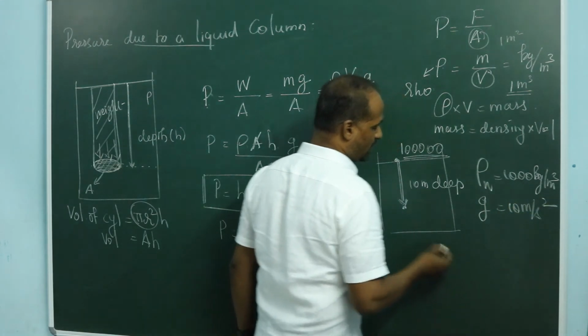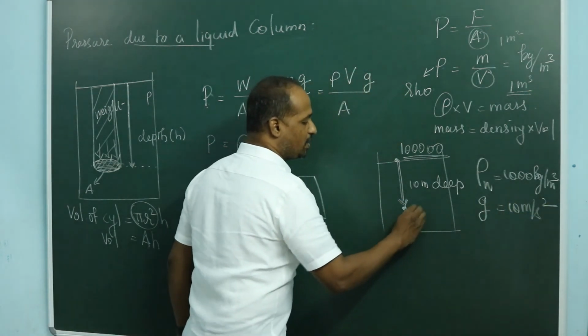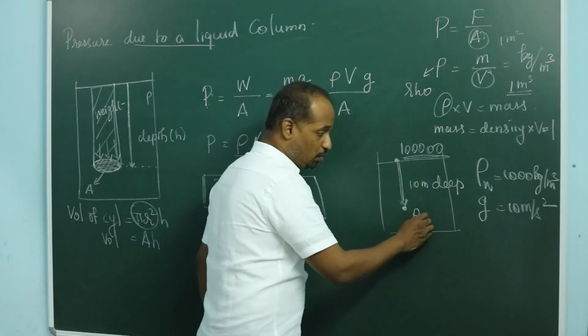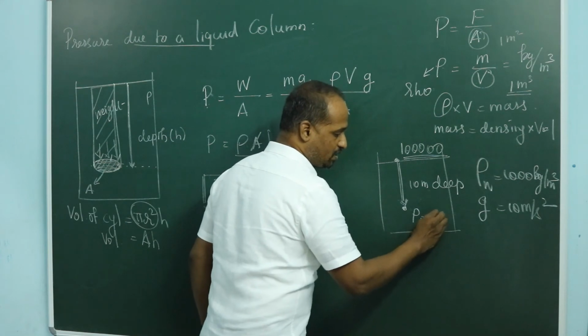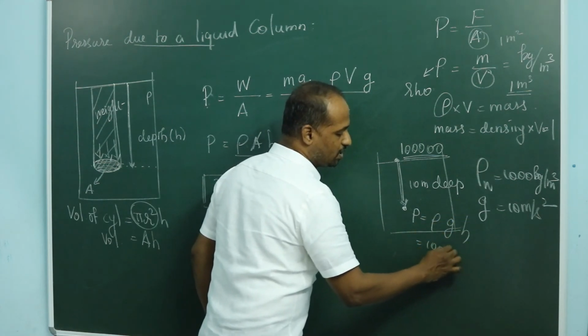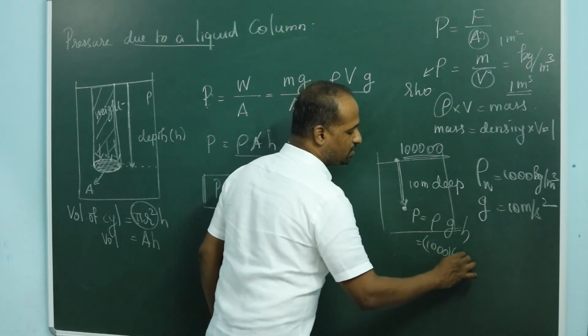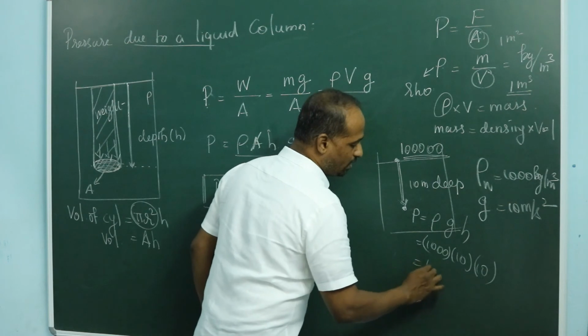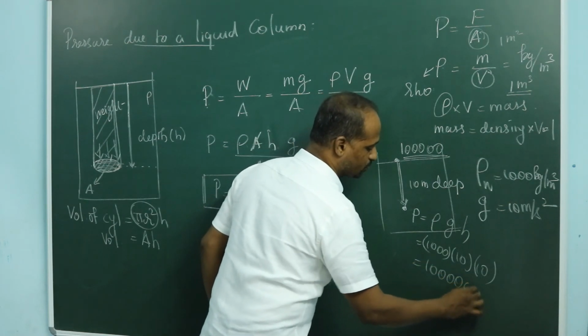We discussed about it. Then the pressure due to this 10 meter liquid column in the ocean is rho g h. Rho for water is approximately 1000 and gravity is 10. The depth you are going is just 10. So you are getting 1 lakh pascals.